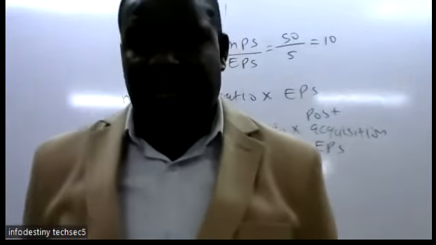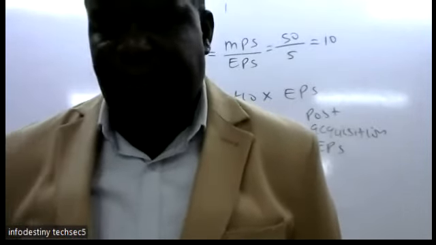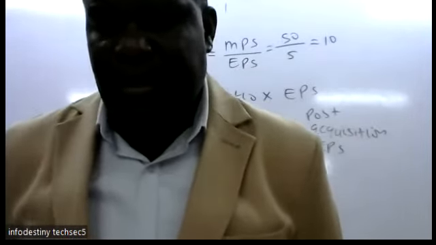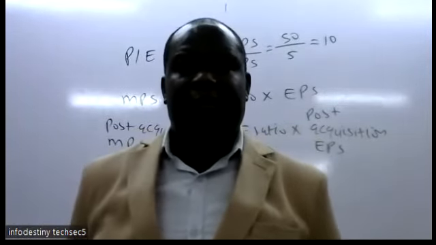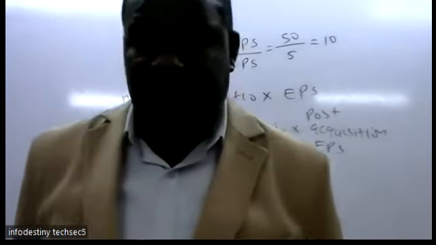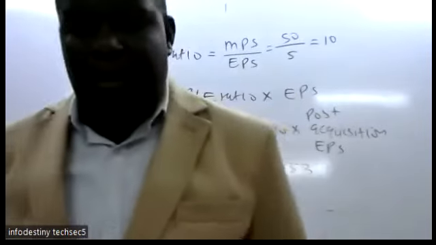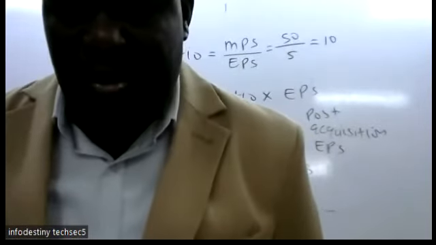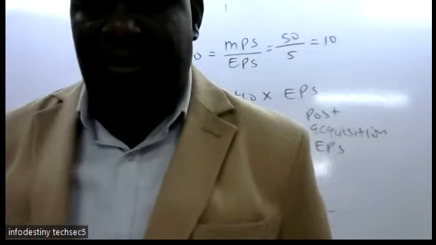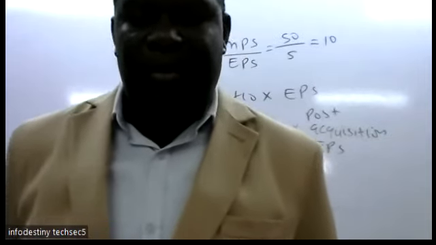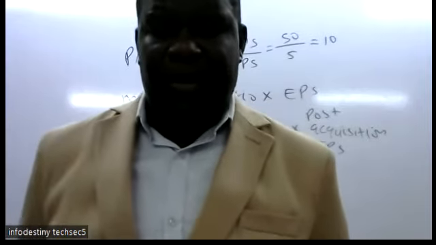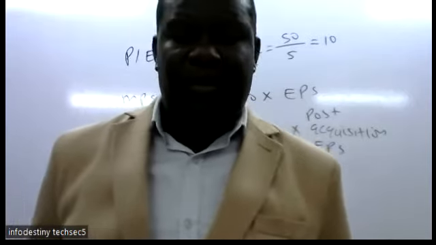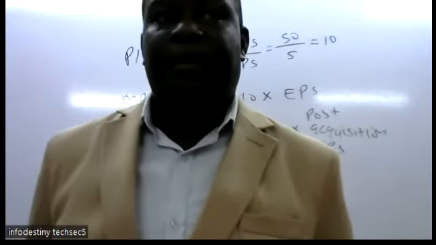Variable return securities, which are classified into 2 as follows. A will be constant dividend growth rate ordinary shares.